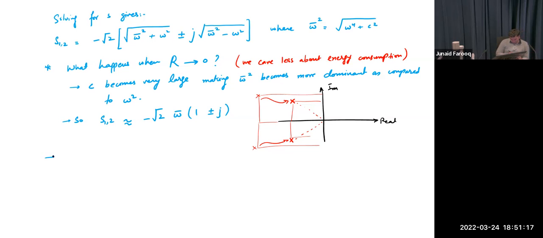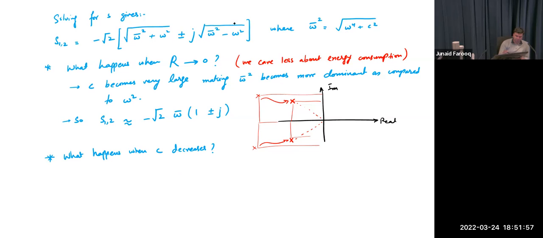The other thing is, what happens when c decreases? If c goes to zero, what happens? Omega bar will be equal to omega squared, so they are the same.